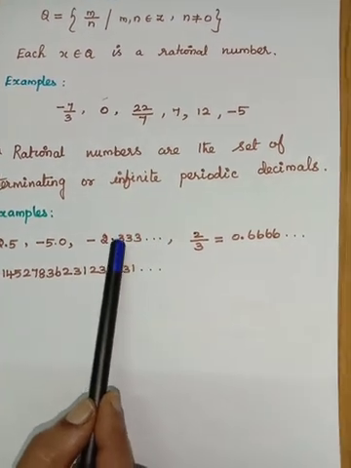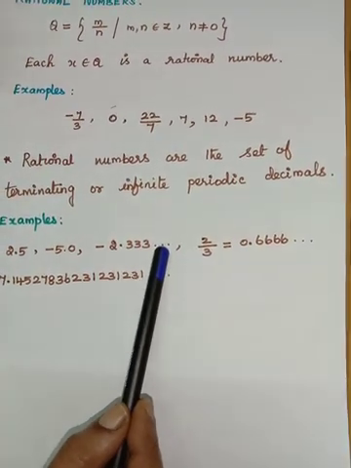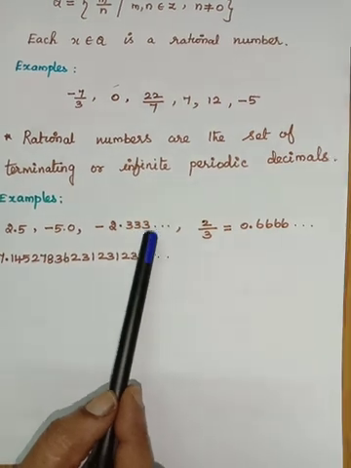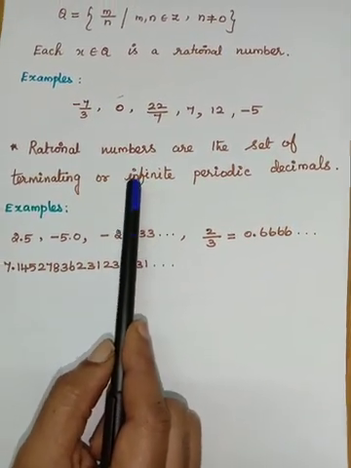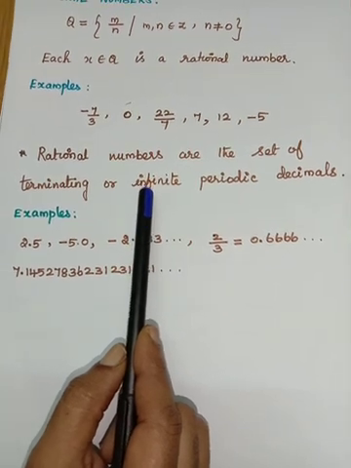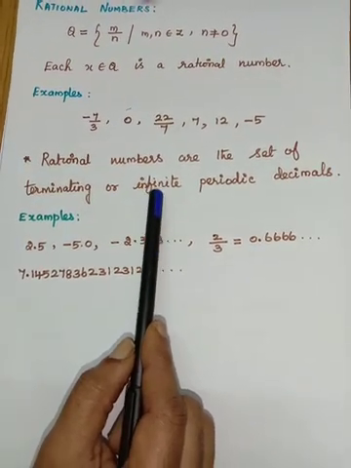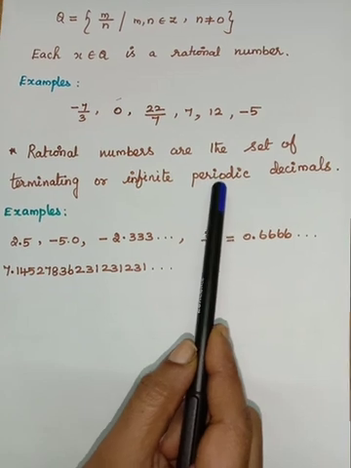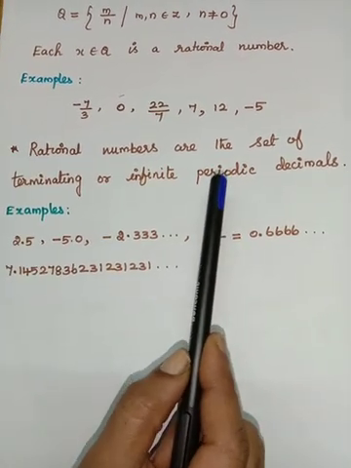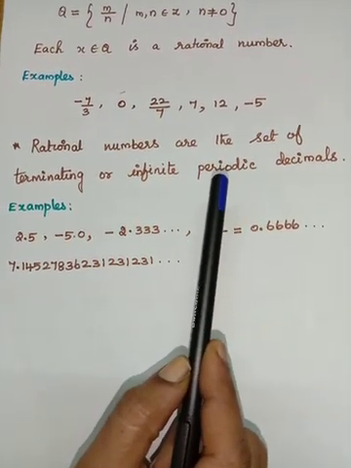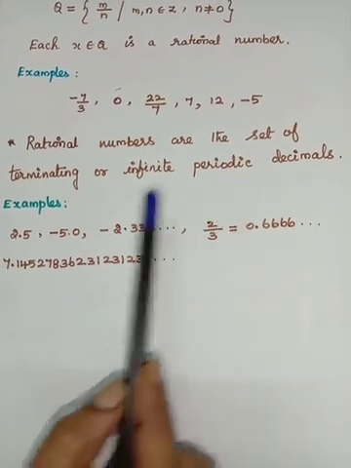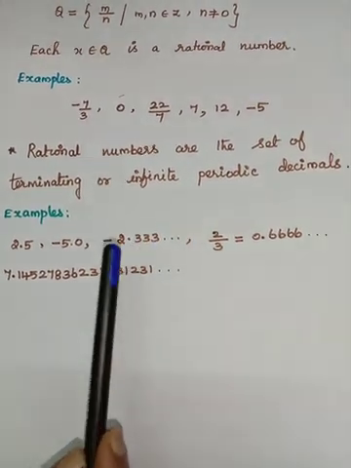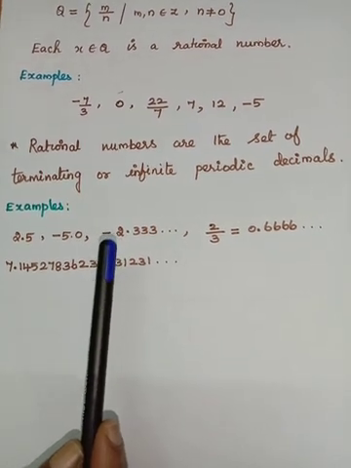This means the decimal places are not terminated, they go on. If a number's decimal representation is infinitely periodic, you see that this 3 is repeated infinitely.